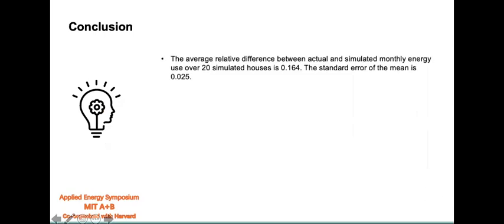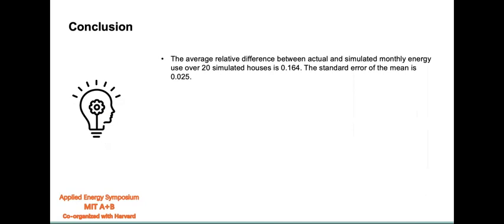In summary, we have looked at the mean of relative difference between actual and simulated monthly energy use over 20 simulated houses until now. The number achieved is 0.164, and the standard error of the mean is 0.025.